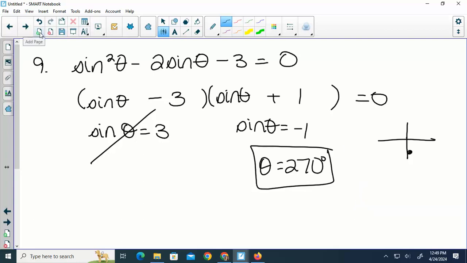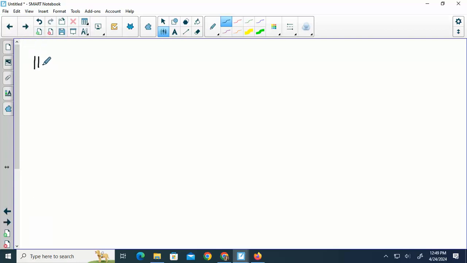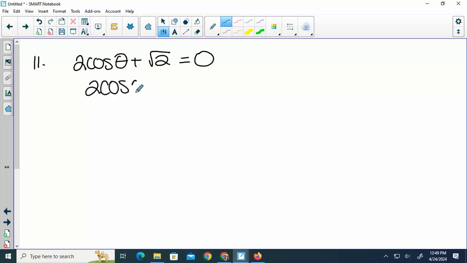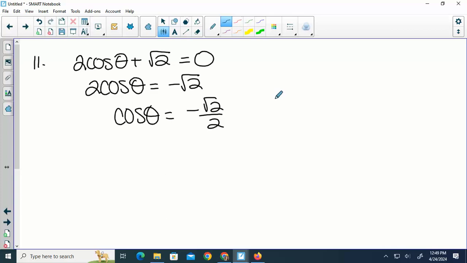Problem 11. So get our function by itself. Cosine theta is negative radical 2/2. It's not an inverse, so I want to know every time cosine is negative.